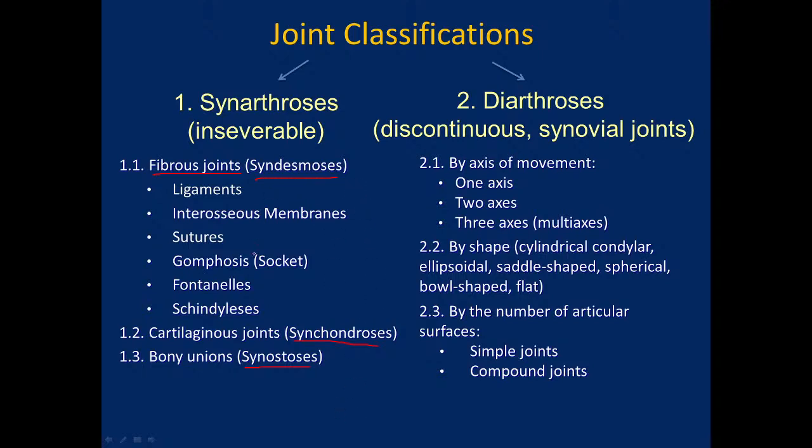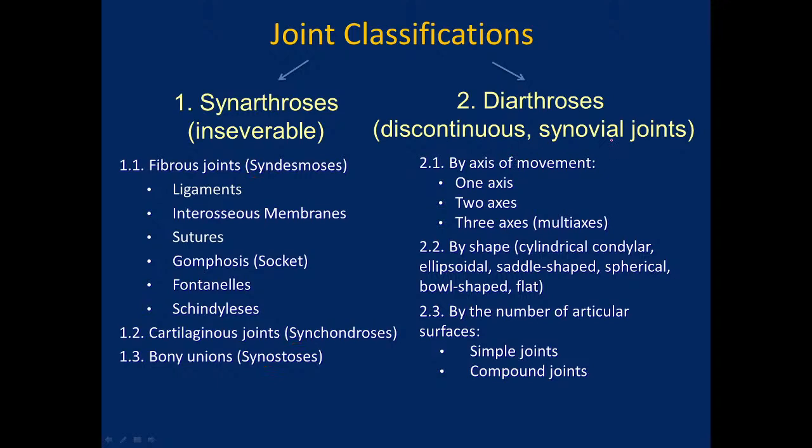And as you probably see, the prefix syn means that these joints are touched together and they combine with each other, and they are in very close contact. That is what syn means.